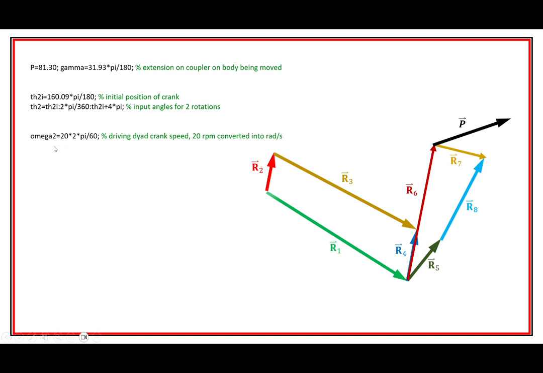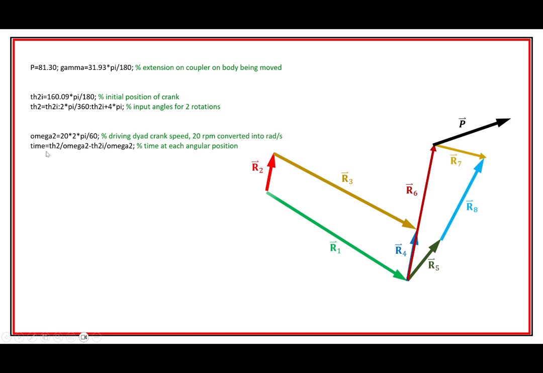And now I got omega 2. This was going to be for 20 RPM. We might want to change that when we go to try to match some other methods of finding the velocity. And then I do the trick of finding a time string.